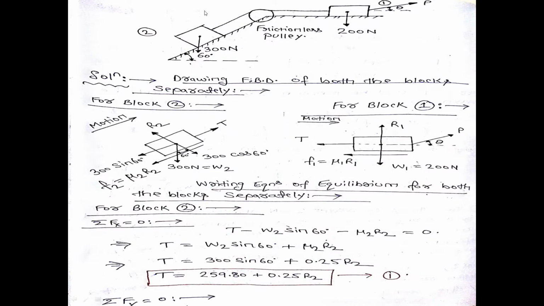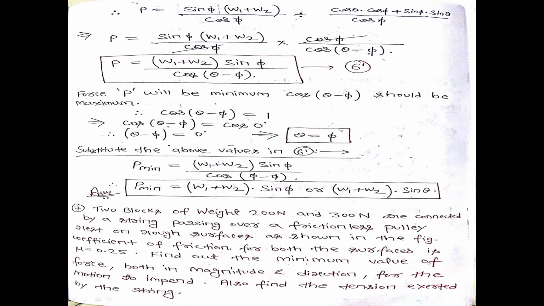That means for the surface in contact between the second block and the inclined plane, as well as between the first block and the horizontal surface, the coefficient of friction is the same, 0.25. Find the minimum value of force, both in magnitude and direction, for the motion to impend.